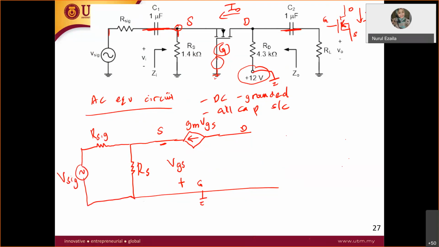So you have V in and Z in. You have V in over here and Z in over here. Now at the drain, since this has become grounded, at the drain you have RD, and also you have short circuit C2 to the RL.